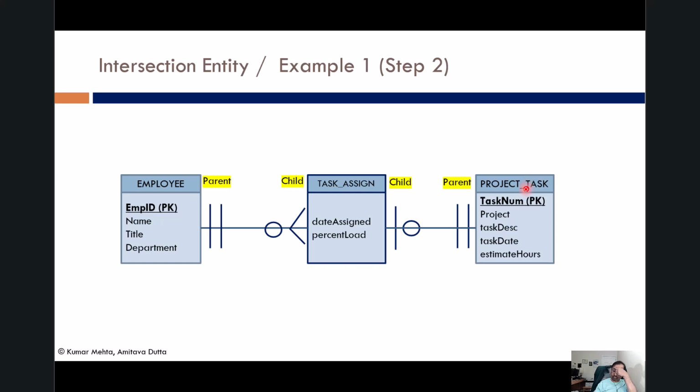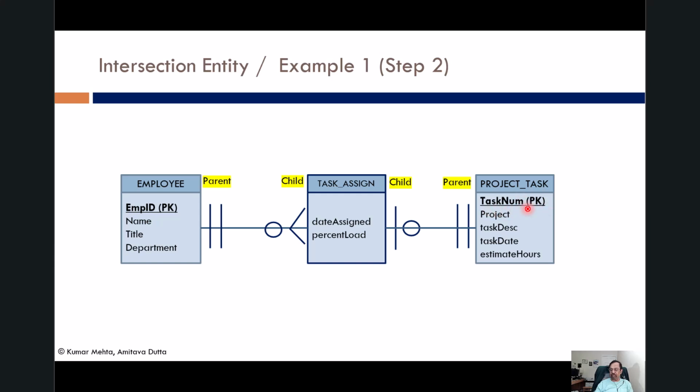Once we have a parent-child relationship, as we have already discussed, how would I use foreign keys to represent it? The primary key of employee is employee ID. Every entity must have an identifying attribute, a primary key. The project task's primary key is task number.